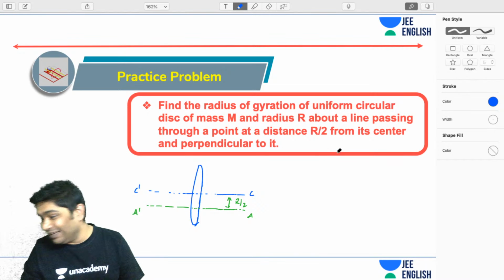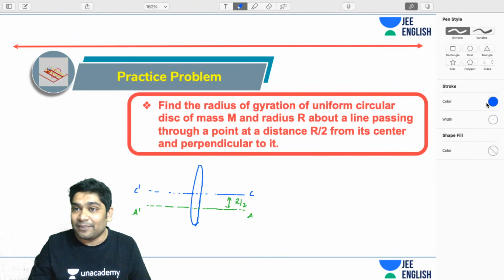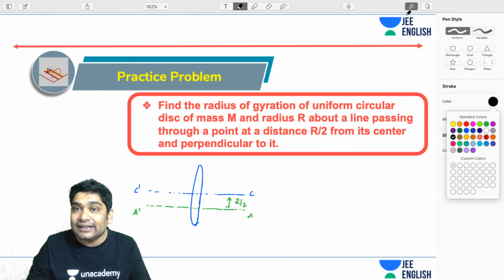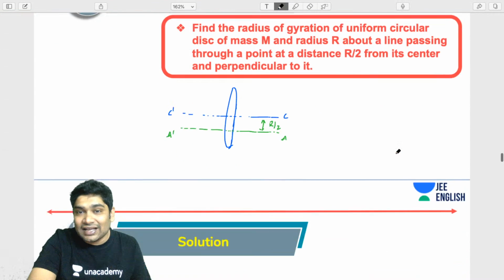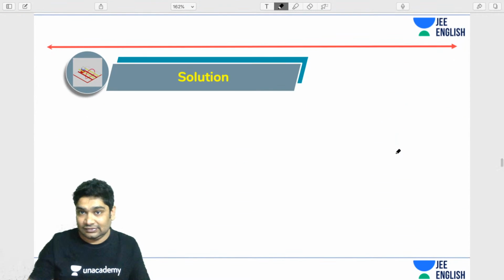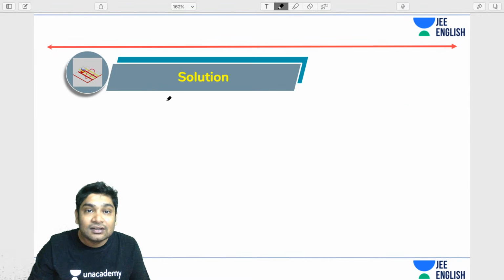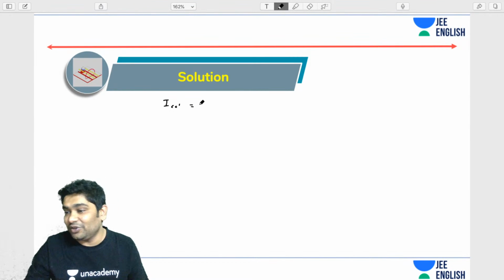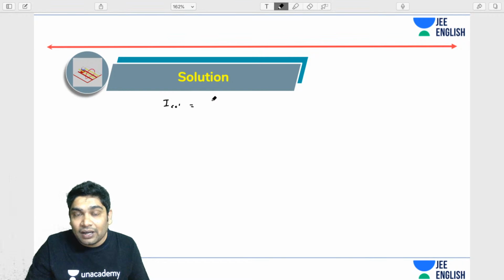Root 3R by 2. Let's see if that is correct. I already know what ICC dash is. ICC dash for a uniform disk we know is mR square by 2.